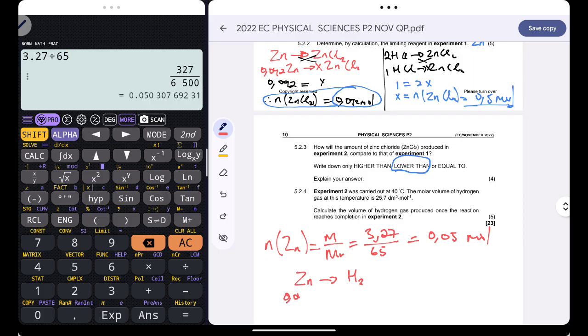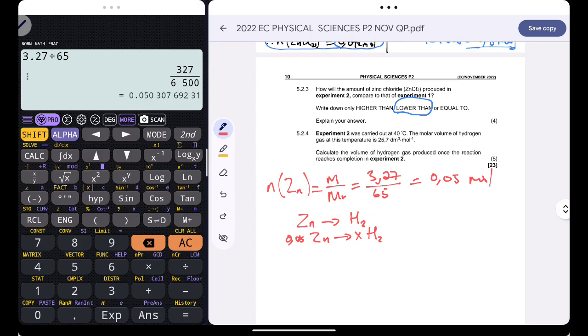If I have 0.05 moles of zinc, I want to know how much hydrogen I will form. Just cross multiply. Then X is 0.05 moles. But what does X represent? It represents the number of moles of hydrogen which will be formed. 0.05 moles.